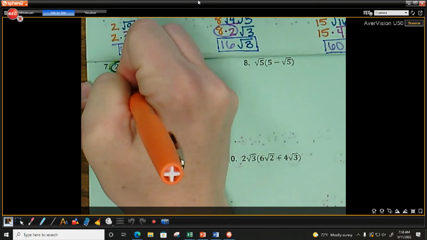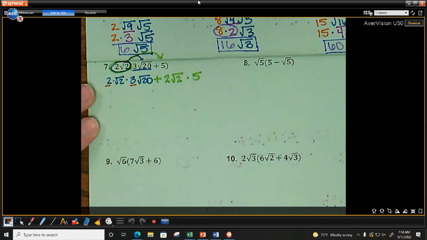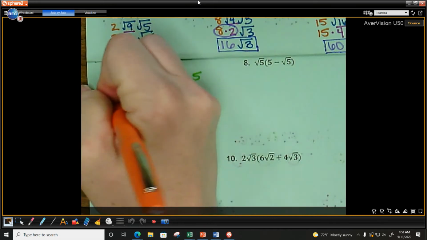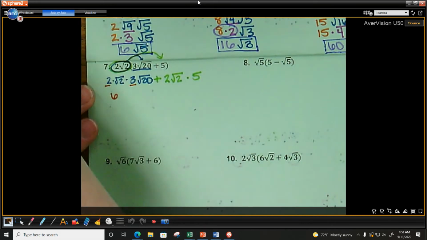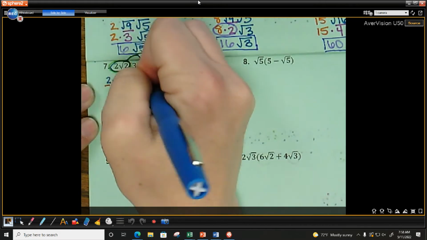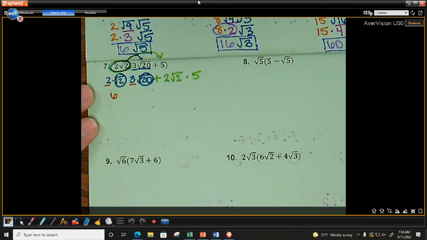The 2 and the square root 2 is still glued together, right? There's no plus or minus sign in between the 2 and the root 2 to separate it. So what's 2 times 3? 6. And then root 2 times root 20, root 40.